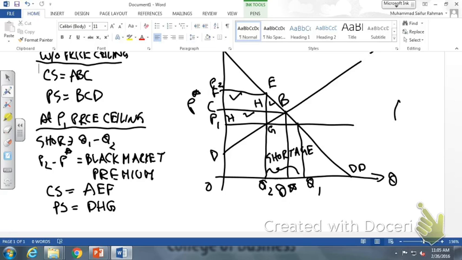For a house in downtown, your willingness to pay is actually P2, but you end up paying P1. So you have literally no incentive to take care of your house. Are we all clear on that? It's a very interesting argument. I really do not support any of the views that are being expressed, but nevertheless, this is the way we think about it. Okay, so the upper rectangle is the loss of consumer surplus.